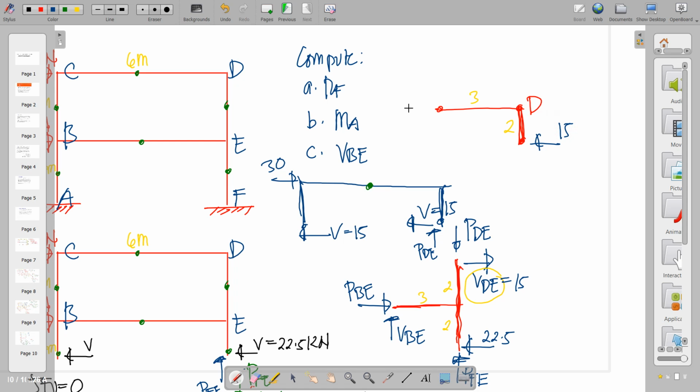Of course, obviously, this shall also yield to 15. There will be shear on CD and PDE.